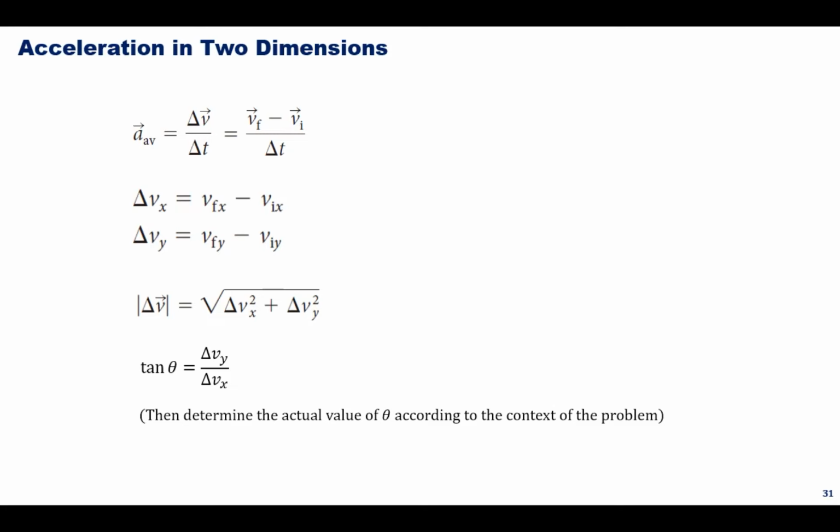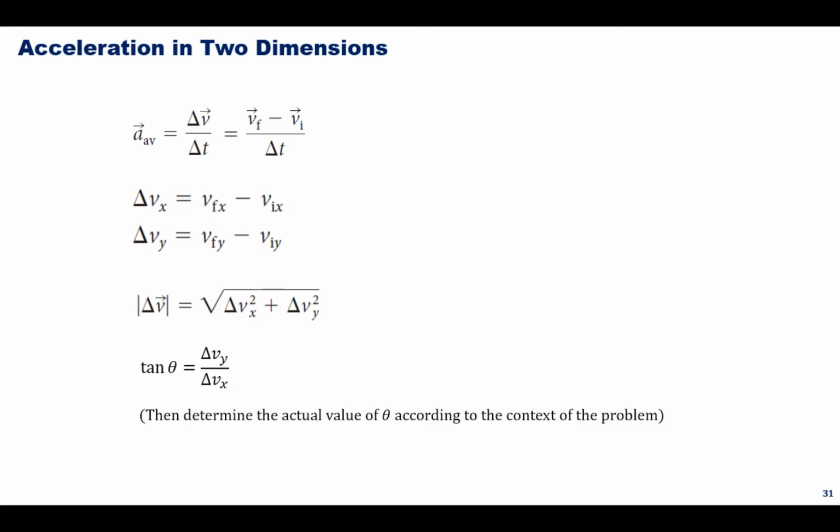So theta could have an unlimited number of solutions, right? So you need to determine the actual value of theta according to the context of that problem. And then finally give a quadrant bearing or true bearing of the direction of delta V. Then to calculate the average acceleration, use your delta V over delta T, that gives you the average acceleration.